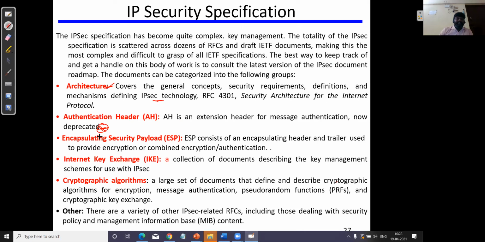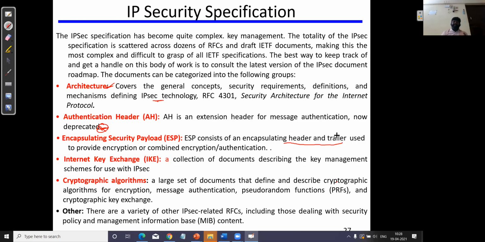And the next one is the encapsulating security payload, right? This consists of an encapsulating header and trailer, which is used to provide encryption or combined encryption as well as authentication, right?